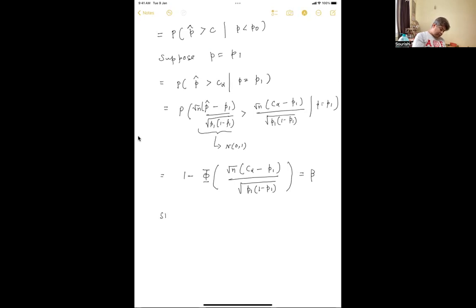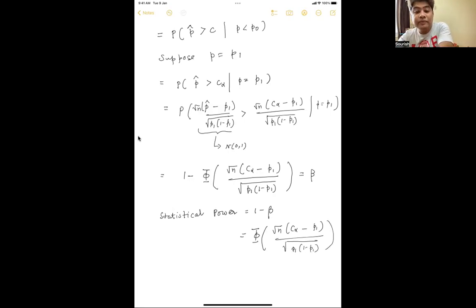So my statistical power will be 1 minus beta. So this will be capital Phi of square root of n times (C alpha minus P1) divided by square root of P1 times (1 minus P1). You guys are with me?